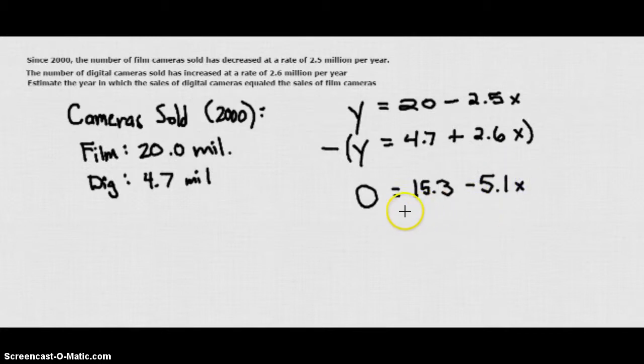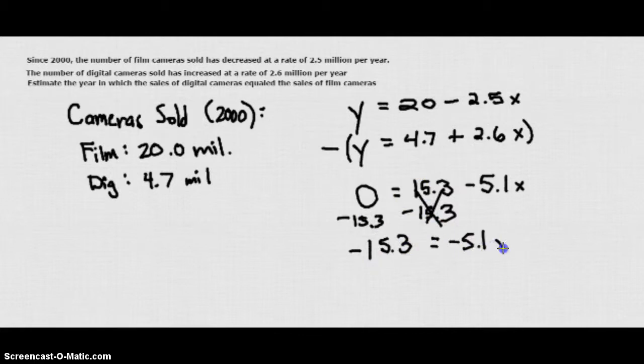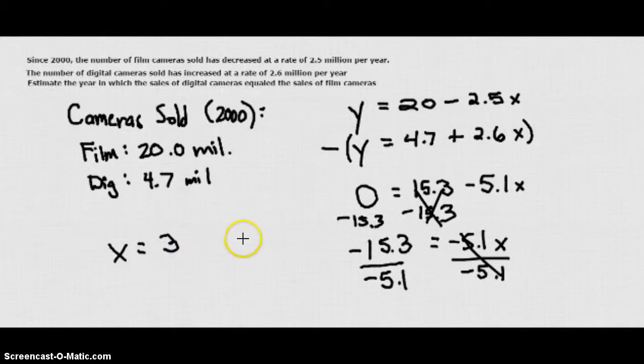So let's solve for x by subtracting 15.3 from either side. We get negative 15.3 equals negative 5.1x. Let's divide by negative 5.1. We get x is equal to 3. Now we can throw that 3 back into either equation. Let's just take this one right here. We get y equals 4.7 plus 2.6 times 3.